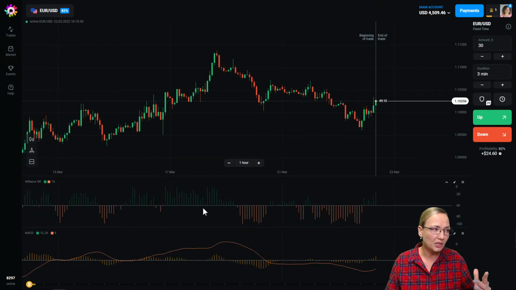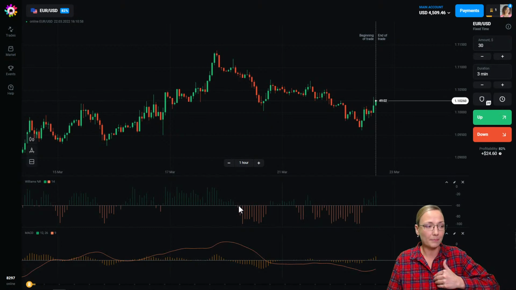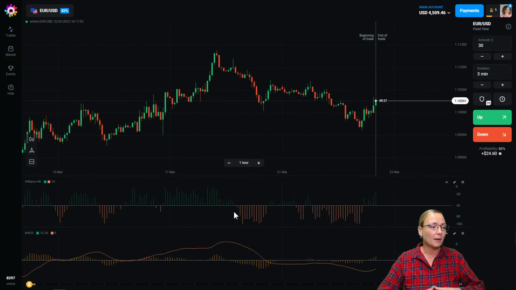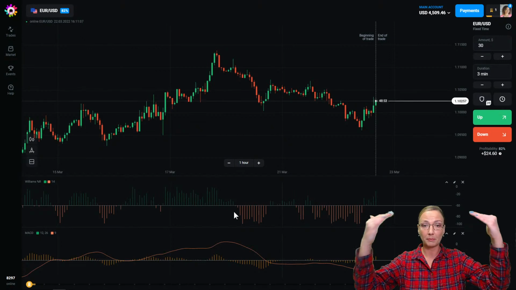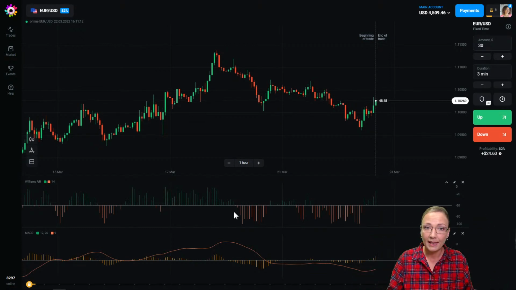Another thing that I want to mention is that the further away the signal line is from the midline, the more overbought or oversold the asset is considered to be. And therefore, the signal is stronger if the signal line is reversing from the overbought or oversold area while the histogram is crossing.